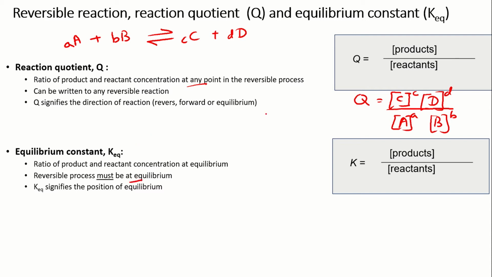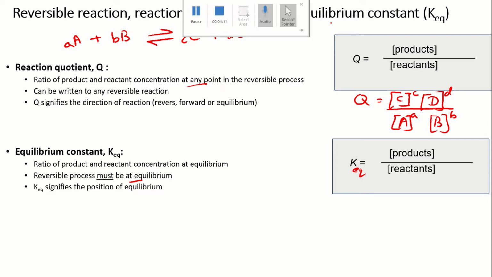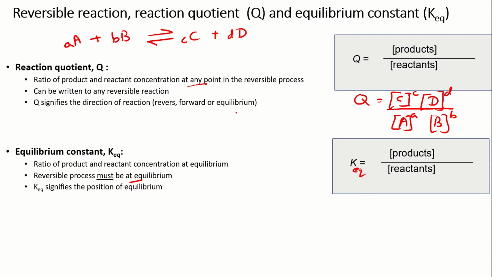All right. Now let's see how this Q and KEQ relate. In a previous video, I mentioned why any system wants to achieve equilibrium. Equilibrium results in stability, and everything ultimately likes to achieve stability. So this Q will eventually try to reach KEQ.